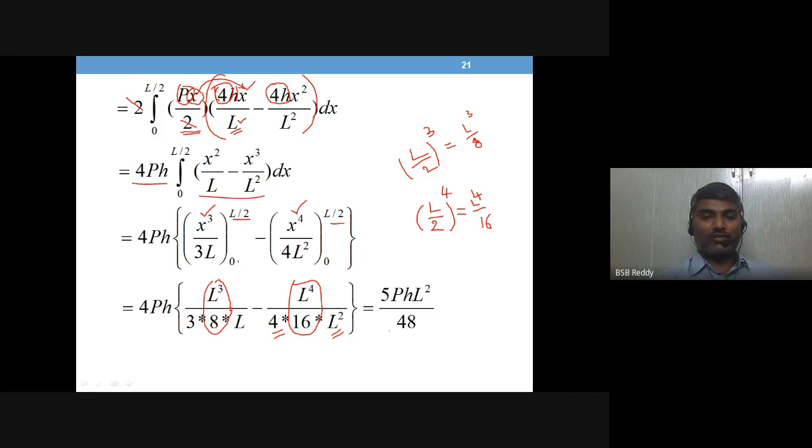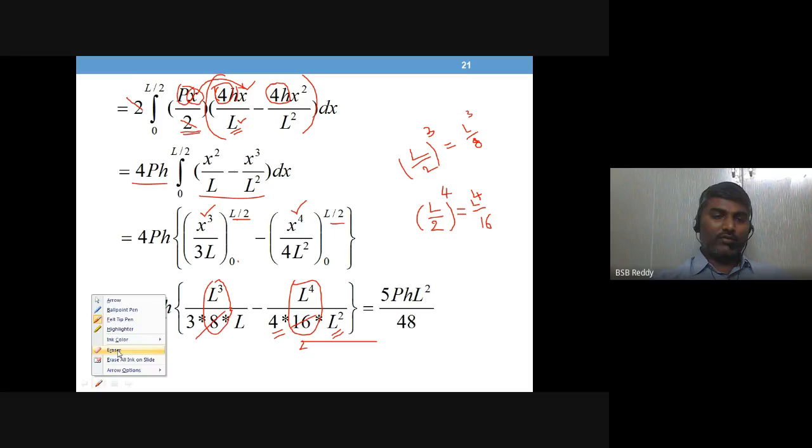Okay, got it. So now if you take 8 outside, it will be divided by 8 outside. So 8 you can cancel out. So 2 remains here. Just a second.